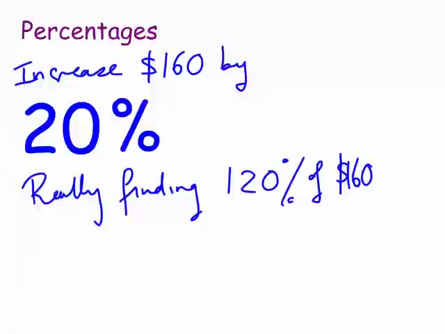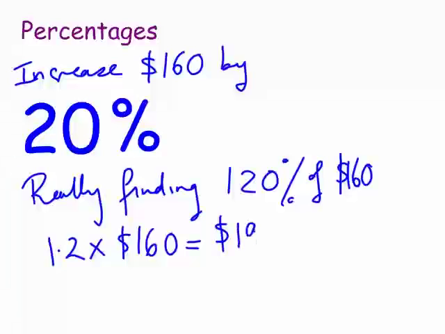As a decimal, 120% is 1.2, multiplied by $160. If you do that on the calculator, you should get 160 plus 32, $192. So when you're increasing something, you're just adding 100% to the percentage, converting it to a decimal, and multiplying by the quantity.